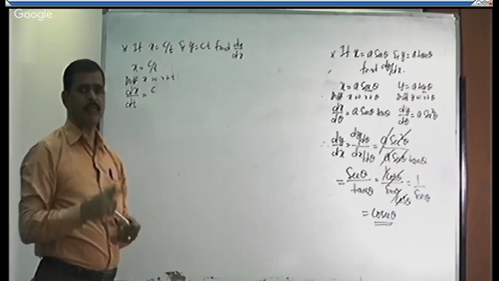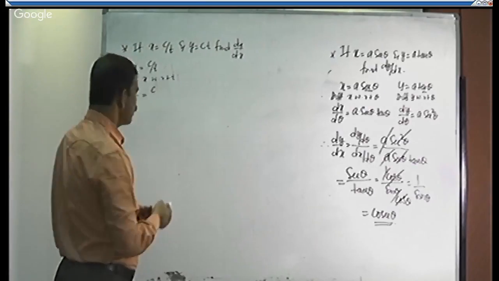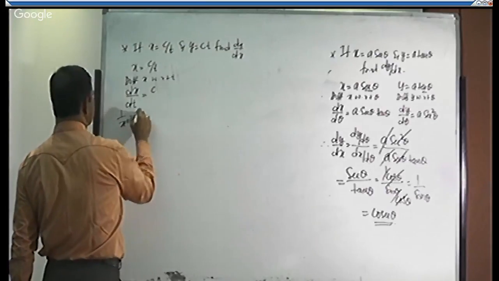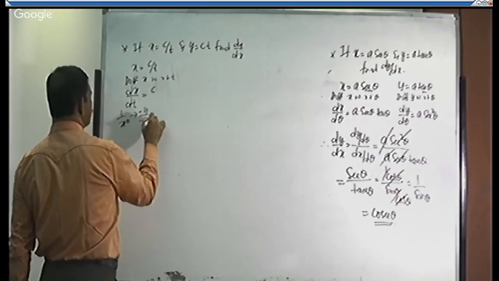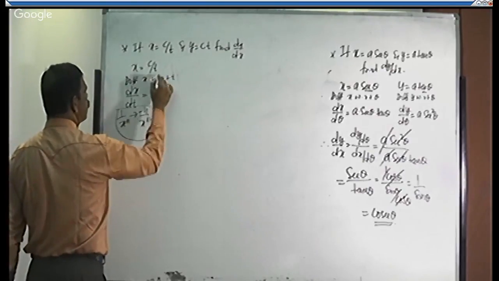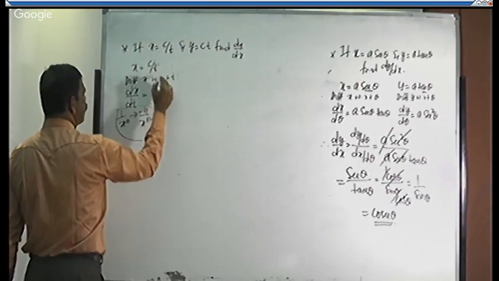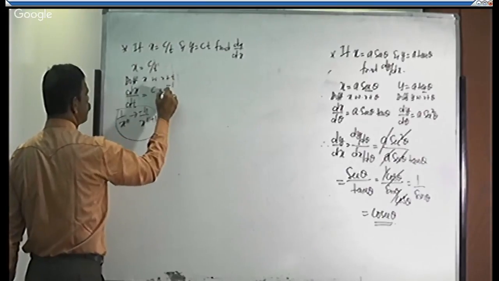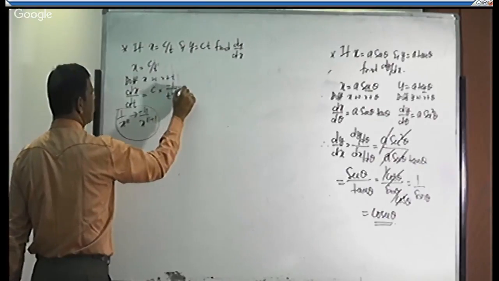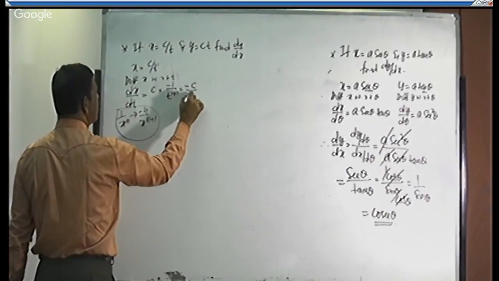We have to use the 1 by x to the power of n formula. It is minus n by x to the power of n plus 1. Use the same thing here: c into 1 by t. What is n? n is 1, so minus 1 by t to the power of 1 plus 1. So finally it becomes minus c divided by t square.